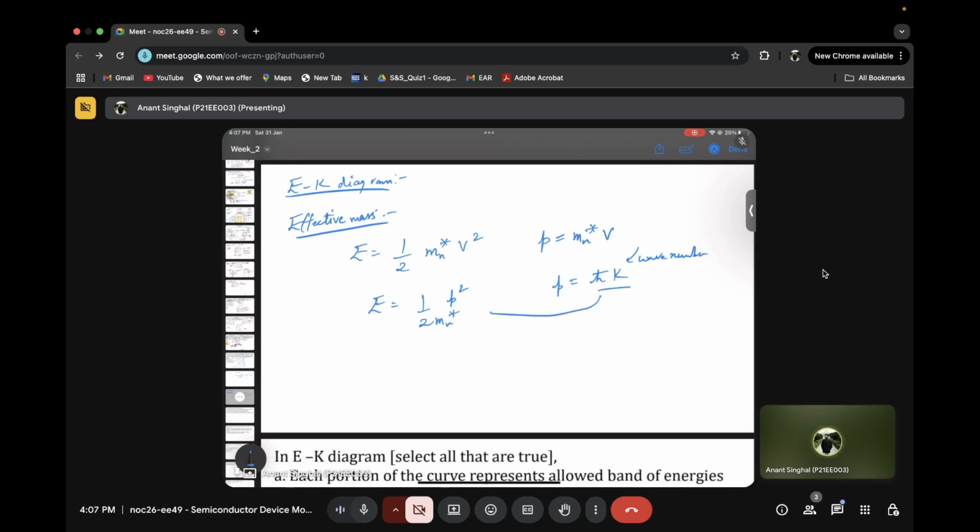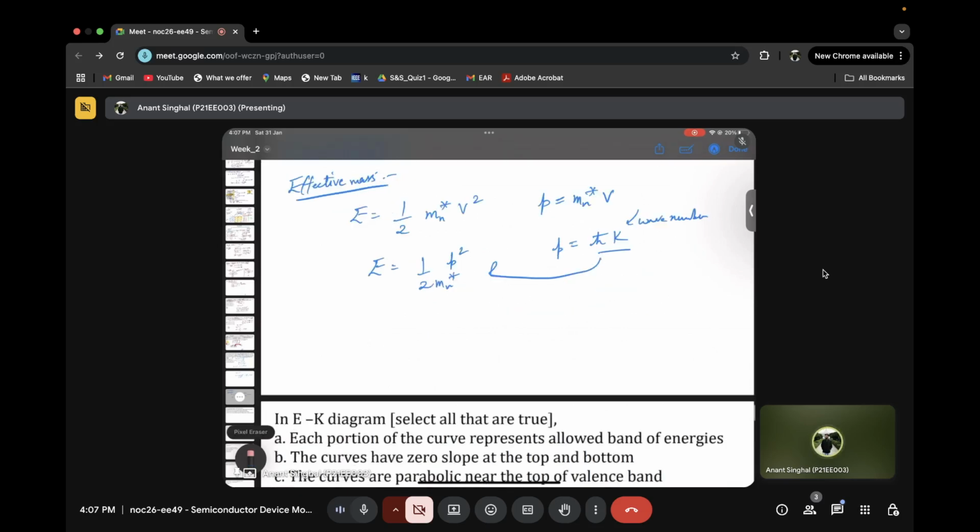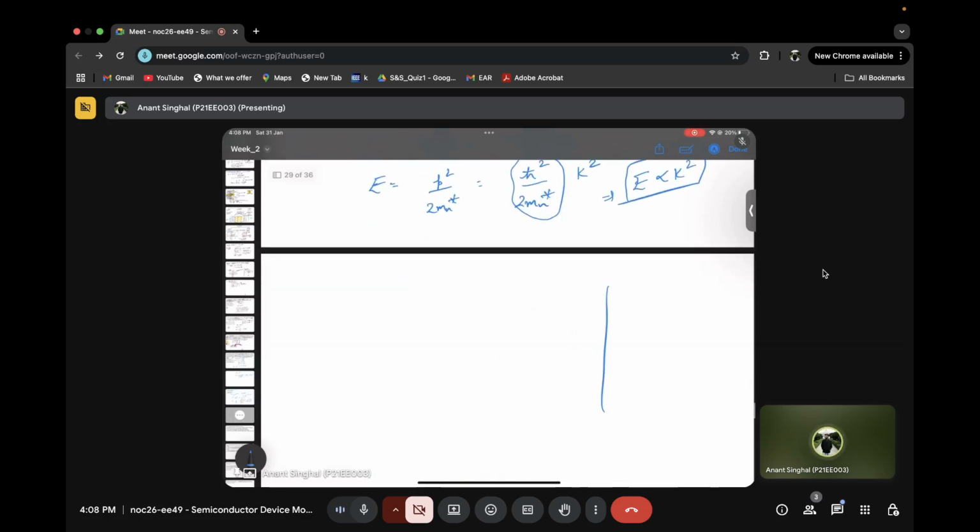So if I put it here, I'll get E is p square by 2 mn star, which is h cross square by 2 mn star times k square. So this is all constant, let's say. We can clearly see that energy is related to k square, which is nothing but a parabola, right?